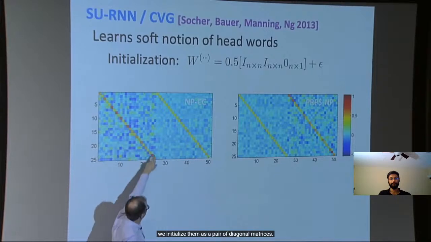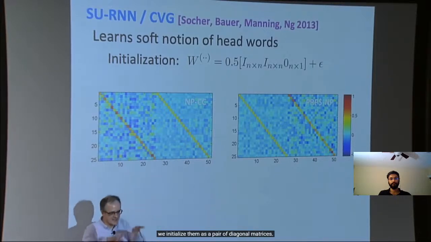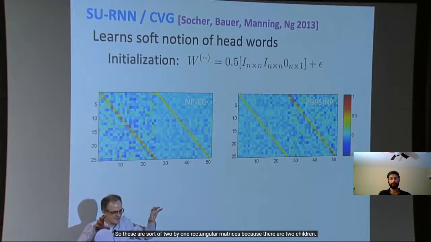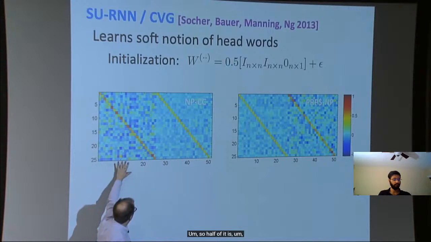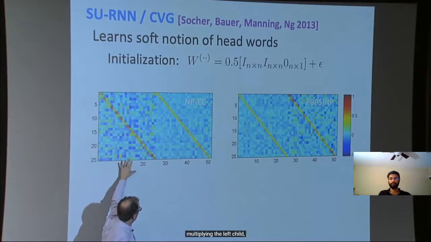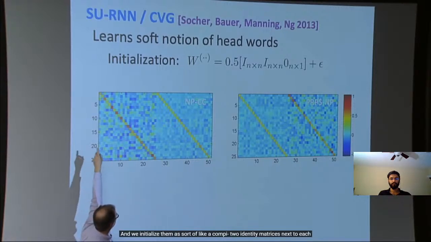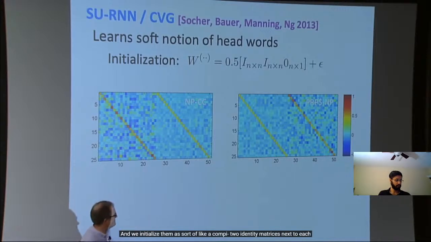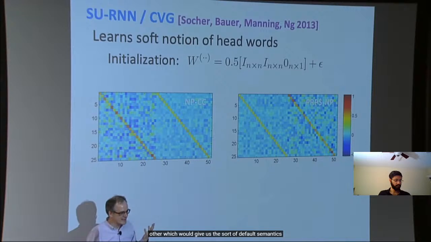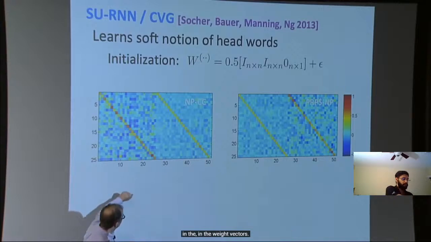So these are a little bit hard to interpret, but the deal is, when we learnt these matrices, we initialized them as a pair of diagonal matrices. So these are sort of 2x1 rectangular matrices because there are two children. Half of it is multiplying the left child, the other half is multiplying the right child. And we initialize them as two identity matrices next to each other, which would give us the default semantics of just averaging until something different was learned in the weight vectors.